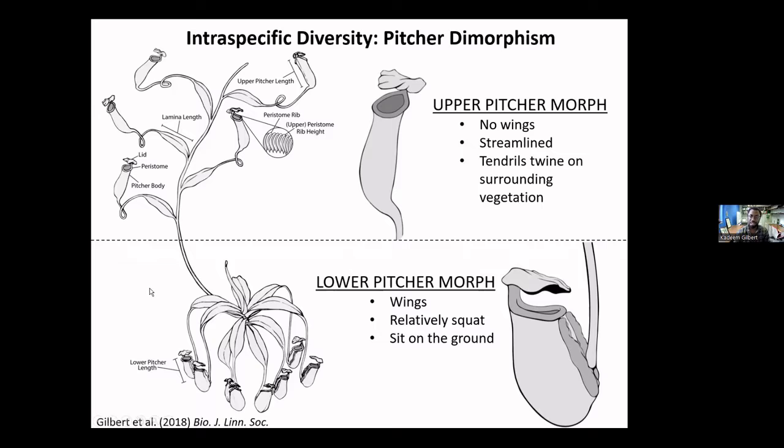And between species, you have these similarities wherein the lower pitchers have the wings, but the upper pitchers do not. And also the difference in the climbing tendrils, where you have more gravitropic, so like downward growing tendrils for the lower pitchers and these twining tendrils for upper pitchers. So there's this really interesting level of diversity in shape between and within species.